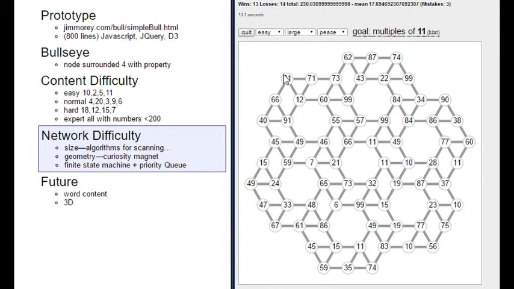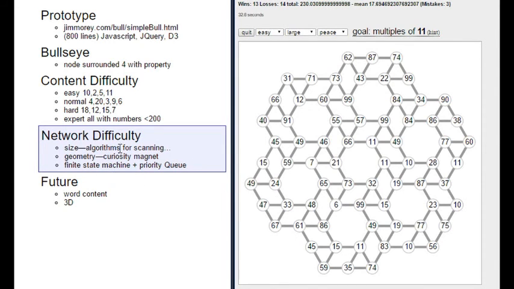The reason I can stay under 800 lines of code is because the finite state machine defines these patterns, and I don't have to have everything written out in detail. So, network difficulty, definitely interesting.